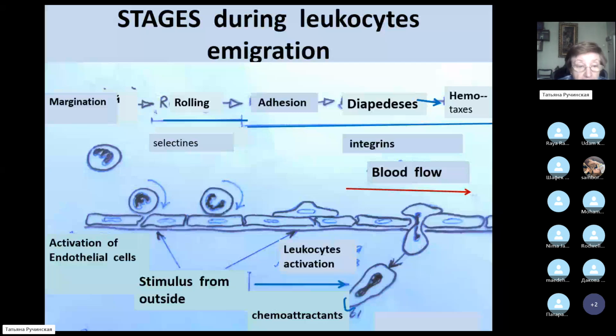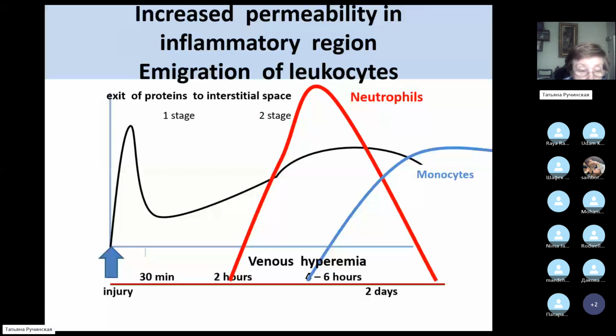This is a graph which shows you the black line. You understand, I think you remember, this is the stages of increased permeability. And the red and the bluish color is the time period when the leukocyte comes out from the vessels into the interstitial space.